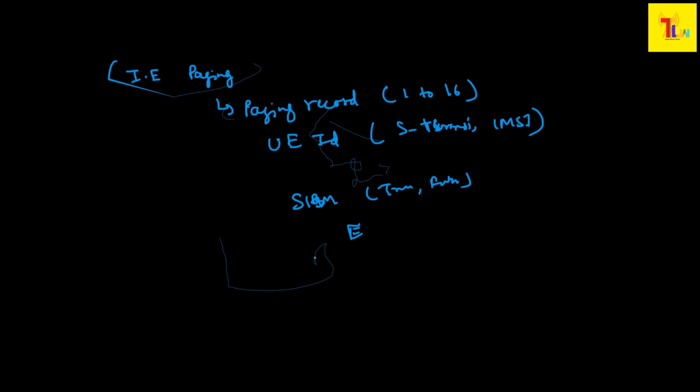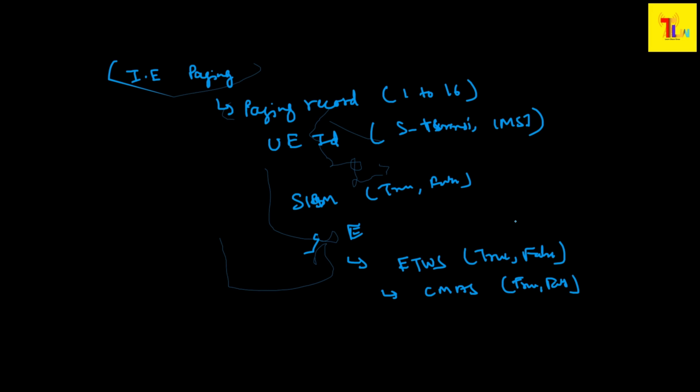It will give you the further information, that is ETWS, which can be either true or false. And then we have the CMAS indicator, which will also be true or false. So these are basically your major information elements of the paging.